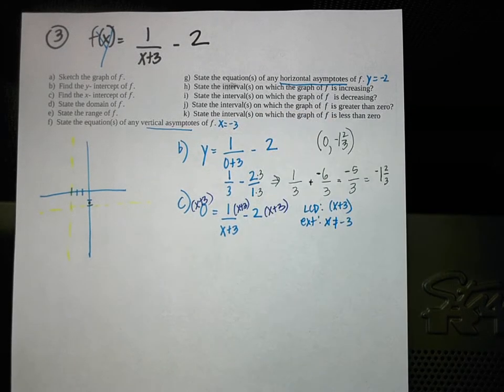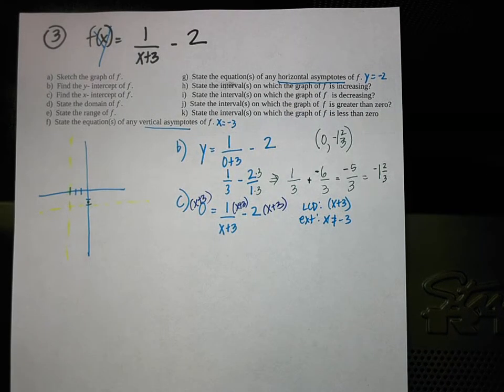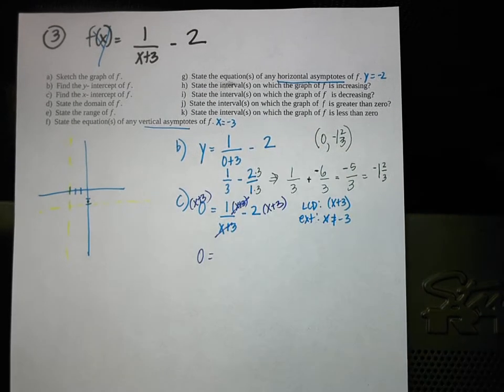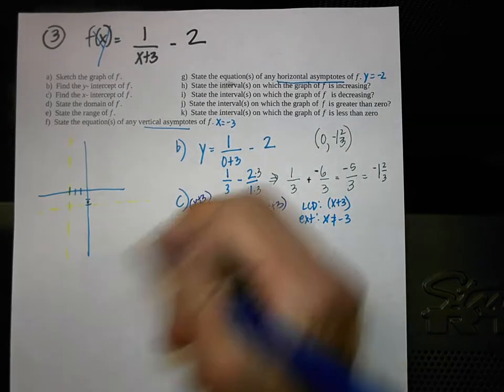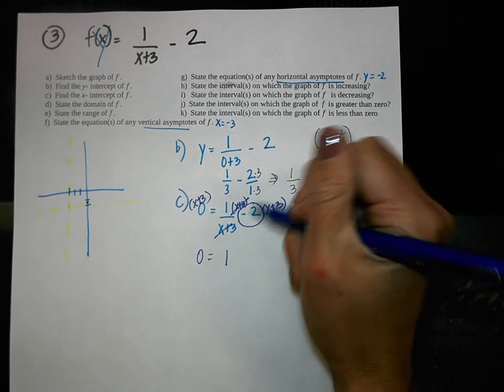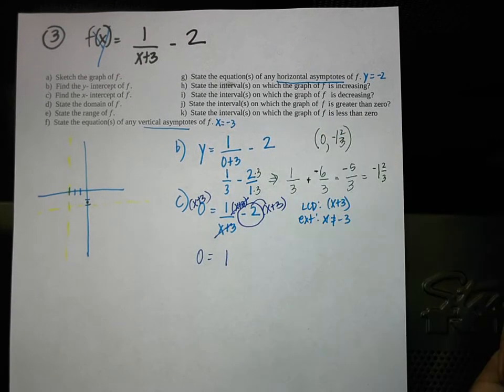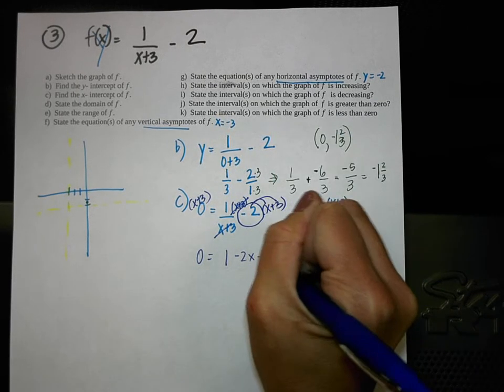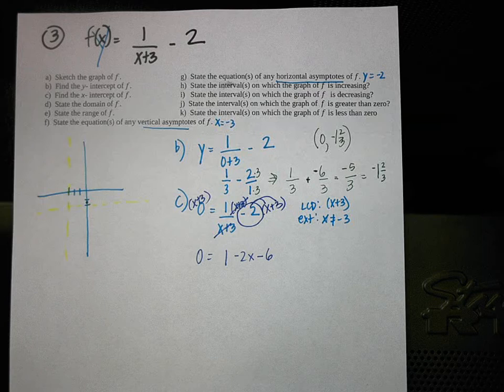And when I do that, what is 0 times anything? 0. So 0 equals, the x plus 3's cancel out, and I'm left with a 1. And then this is a negative 2, and I'm going to distribute it through that parenthesis. So negative 2 times x is negative 2x, and negative 2 times 3 is negative 6. Then we combine like terms, right?